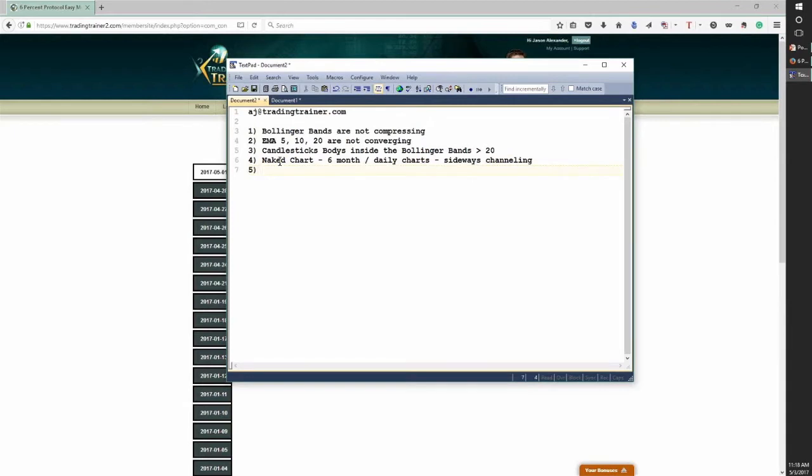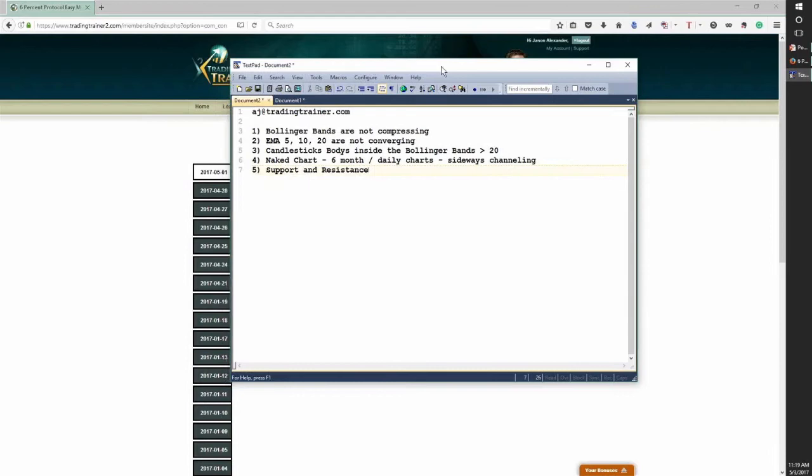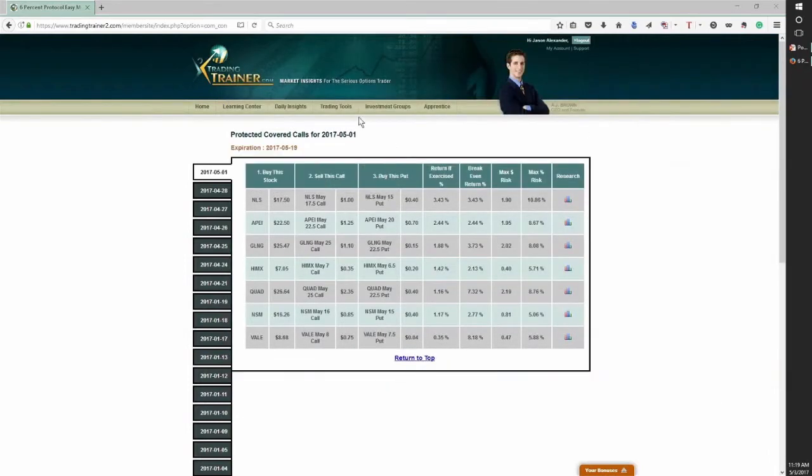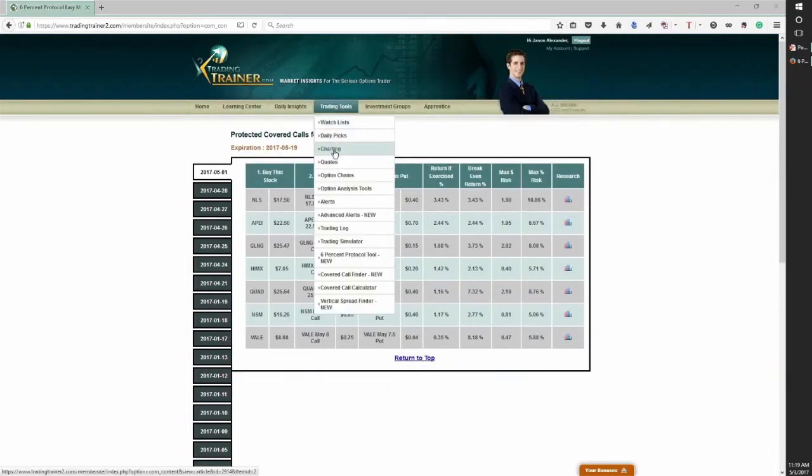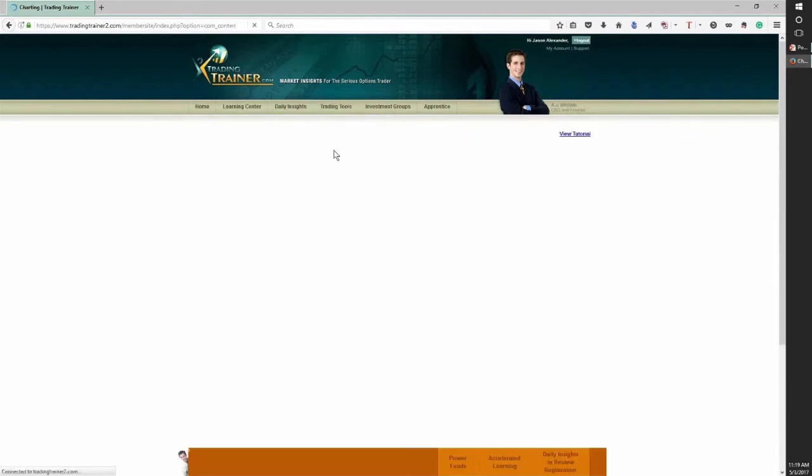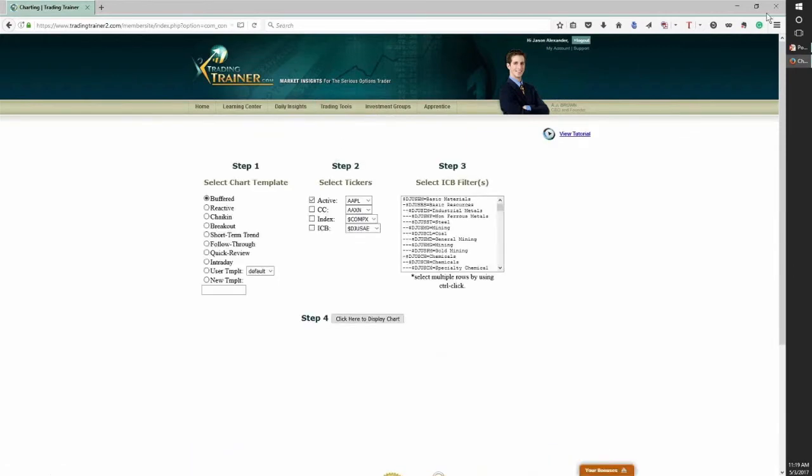The 5th test that I like to apply is I like to look for clear support and resistance. Let's actually look at a chart. Let's find one that we can pull up here.